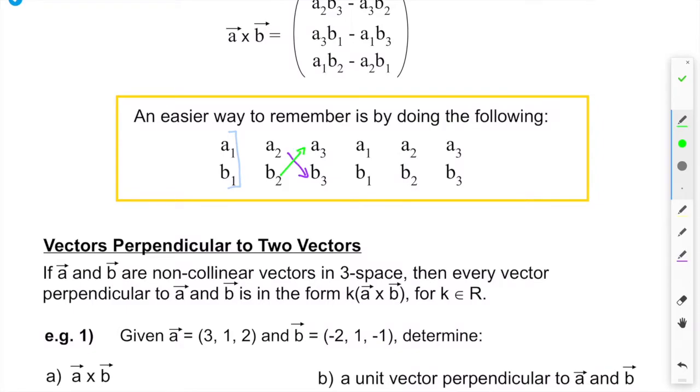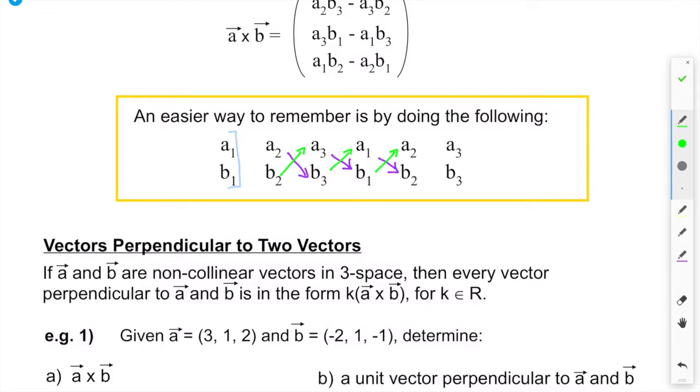That's the x component. You repeat the process, A3B1 minus A1B3. One more time, A1B2 minus A2B1.